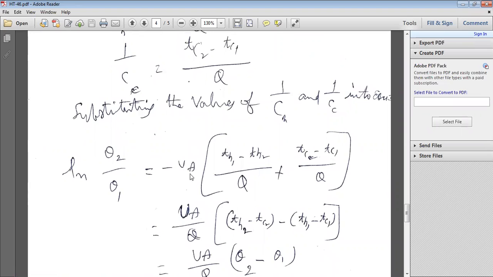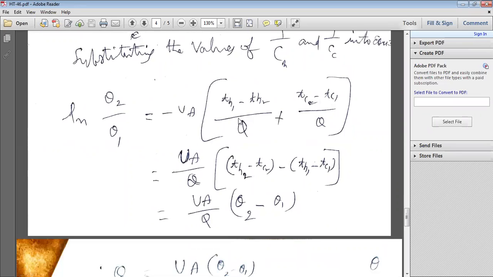From this, you can simplify this one. UA by Q, Q is common here, the heat transfer rate Q. UA by Q is equal to, you take the minus inside, minus into minus plus. That's why TH2 minus TC2.